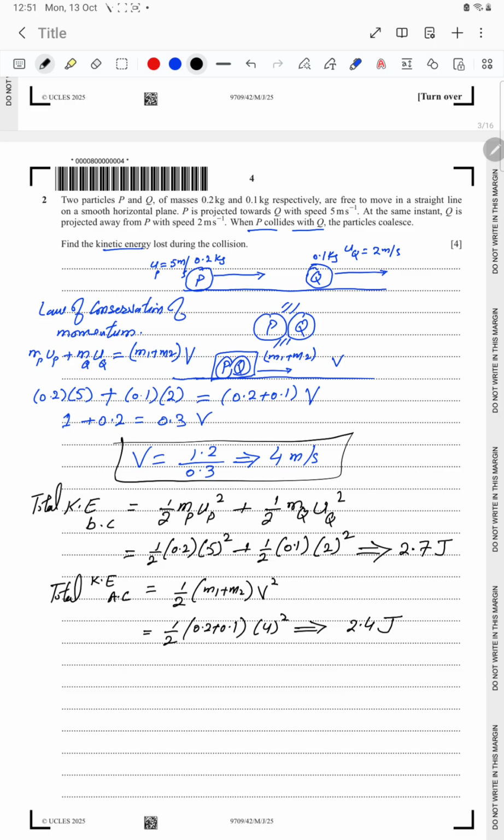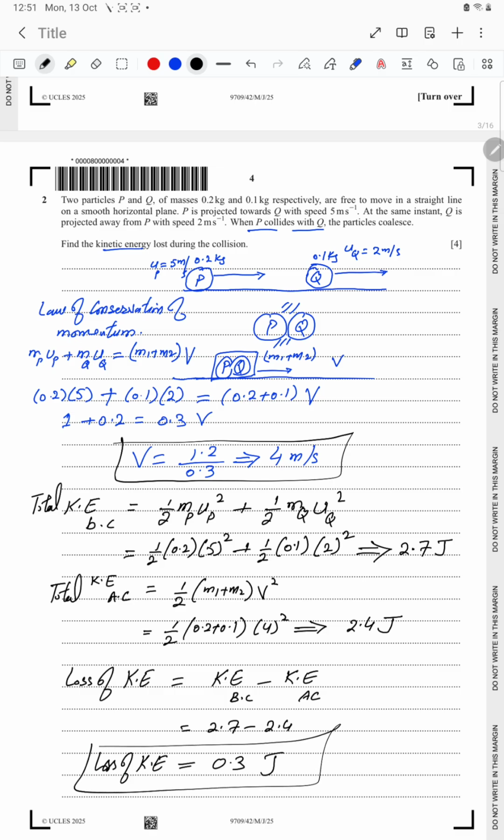As we are looking for the loss of kinetic energy during collision, the loss of KE will be KE before collision minus KE after collision, right? So 2.7 minus 2.4, 0.3 joule is the loss of kinetic energy that has taken place after the impact.